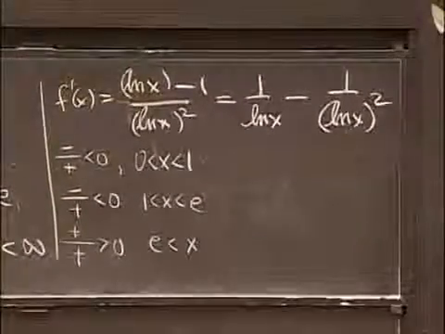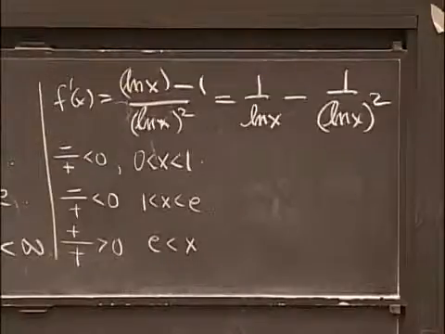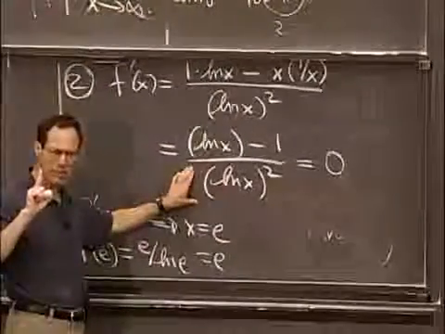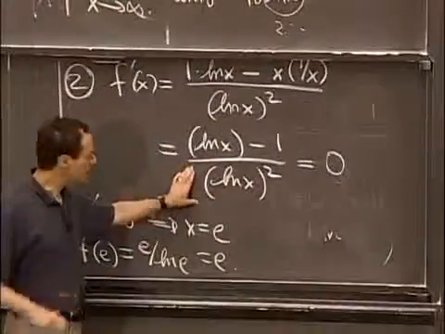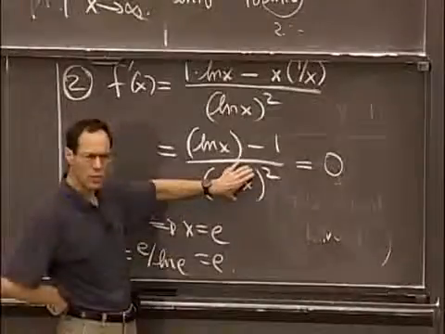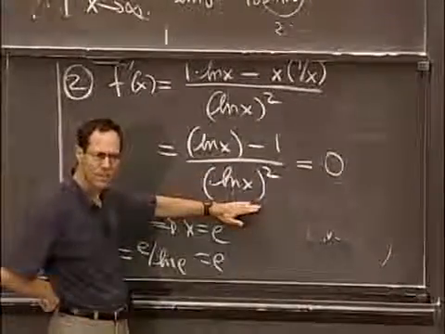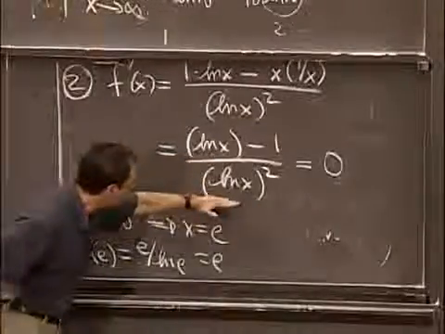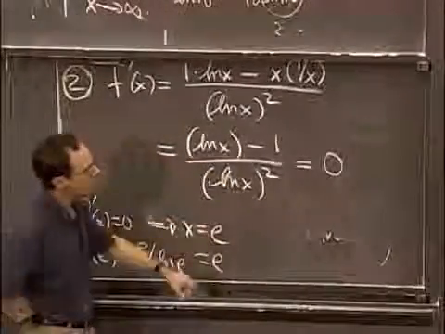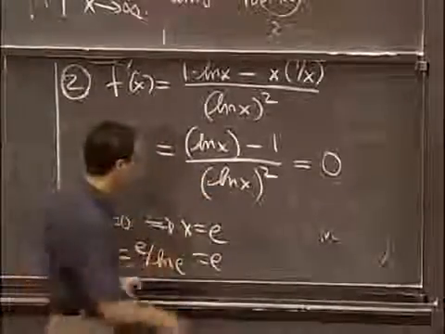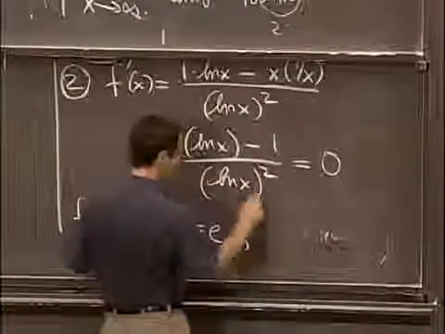When I solved the equation log x minus 1 equals 0, I missed a possibility. I missed the possibility that the denominator could be infinity. So actually, if the denominator is infinity, as you can see from the other expression, it actually is true that the derivative is 0.